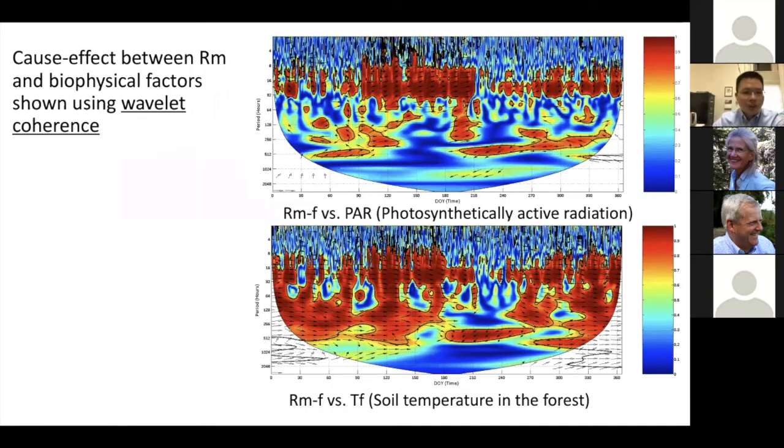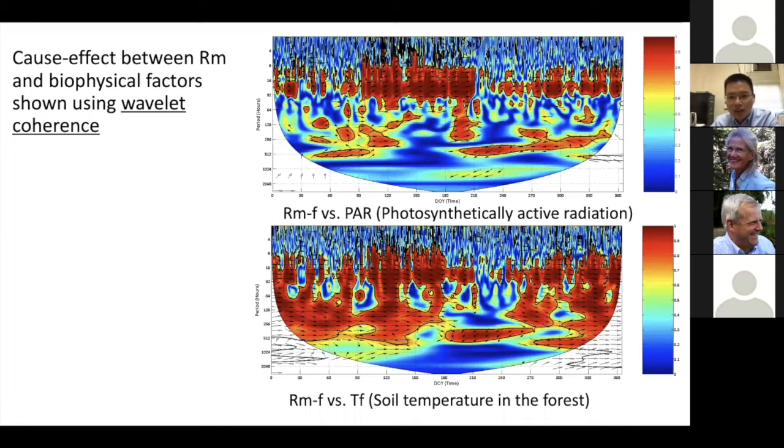Then I used the wavelet coherence to find the cause and effect between the RM and the environmental factors. So in these two figures, I run the relationship between the RM and the PAR and the soil temperature.